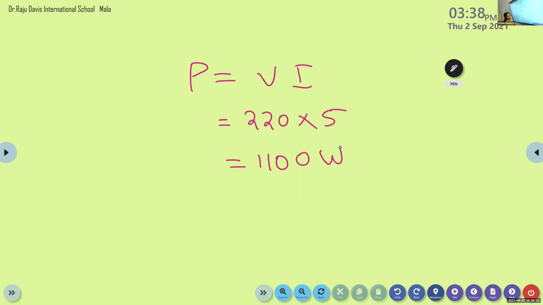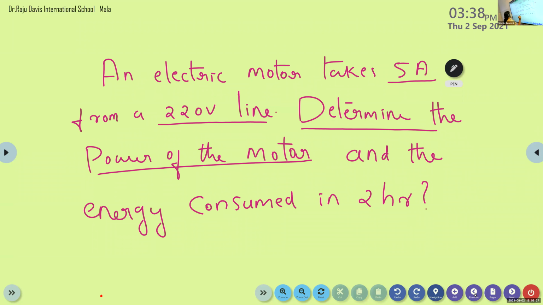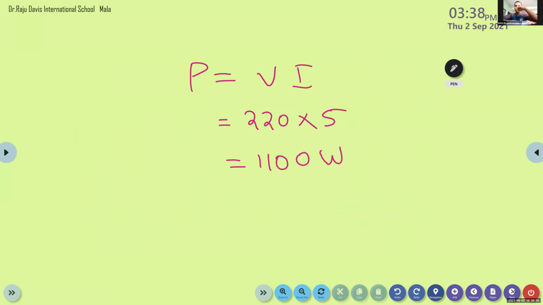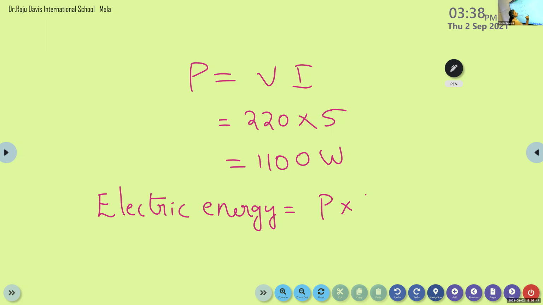1100 watt. Okay. And here there is a sub question. What is the energy consumed in 2 hours? What is the equation for calculating electrical energy? Electric energy is equal to P into T. What is the value of power?